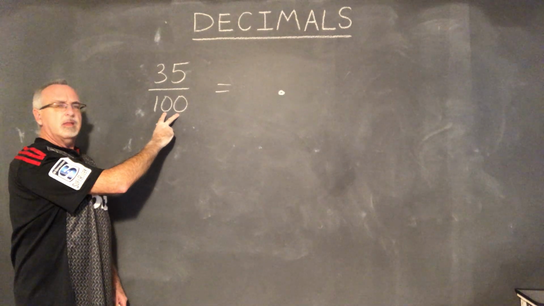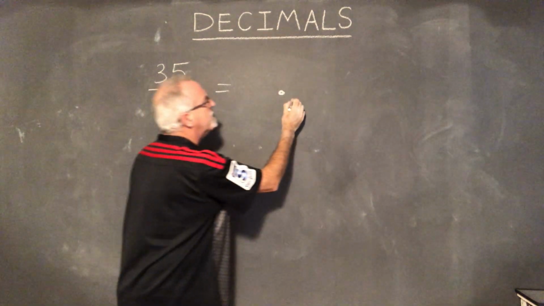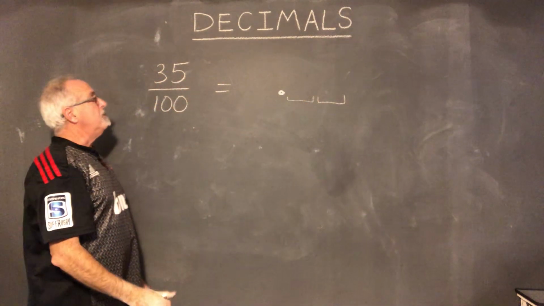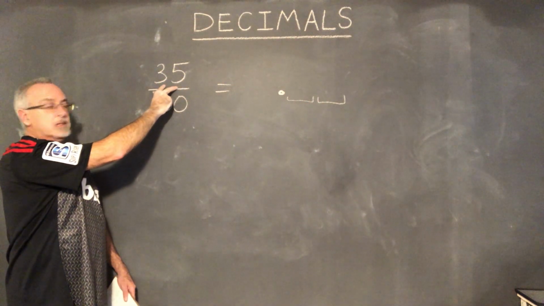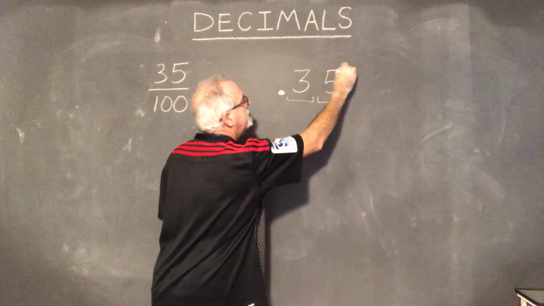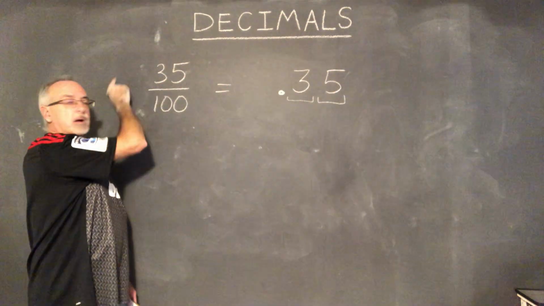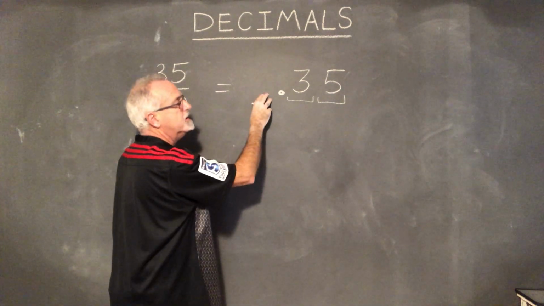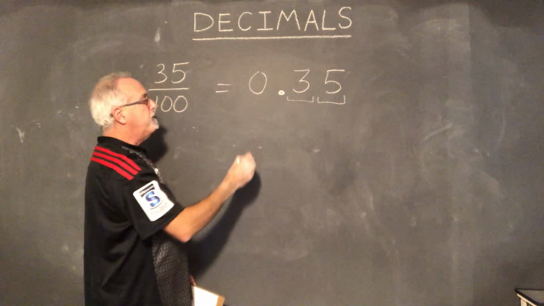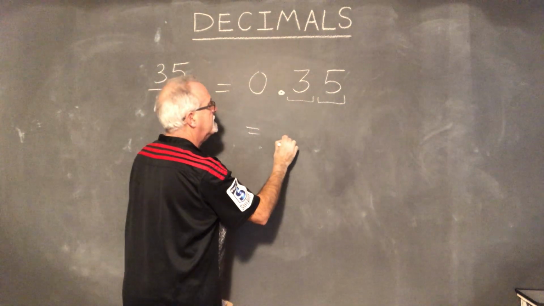It's not a tenth this time, it's 100th. That means that there are going to be 2 digits to the right of the decimal. And I have 2 digits in my numerator, so those digits are going to be a 3 and a 5. There is no big number over here, so I either just write it as 0.35 like this, or I write it as 0.35. They're both correct.